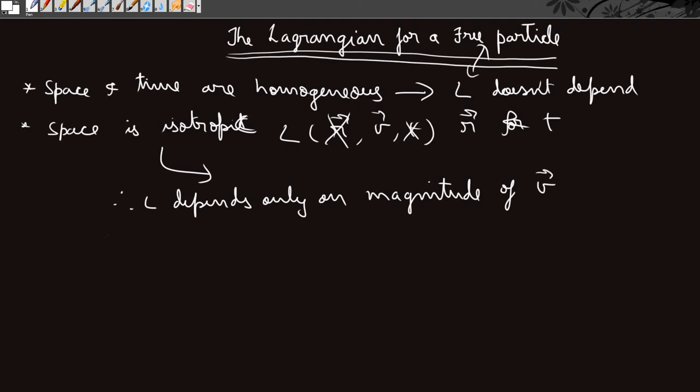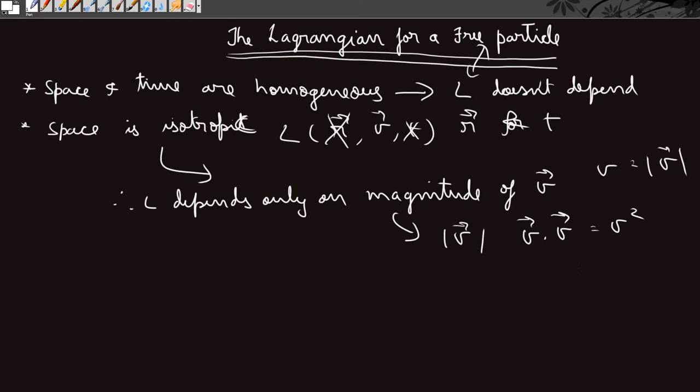There are many ways. So for example, to define magnitude, we can define it as mod v, or we can define it as v dot v, which gives v squared, where v is equal to the magnitude of v.